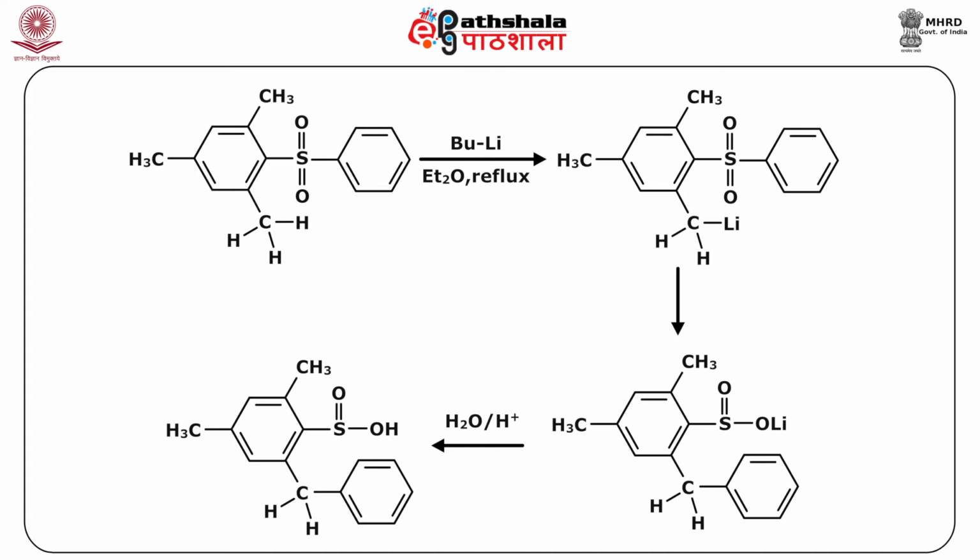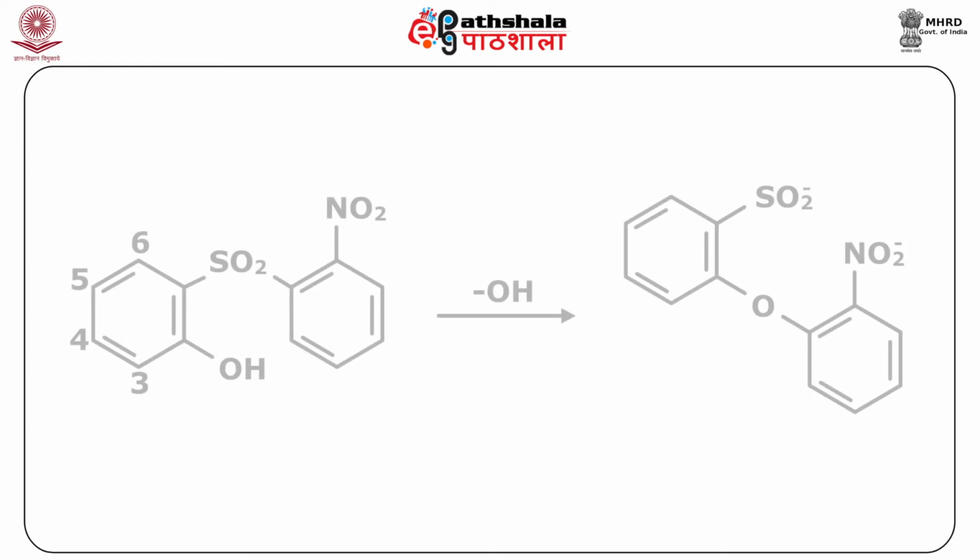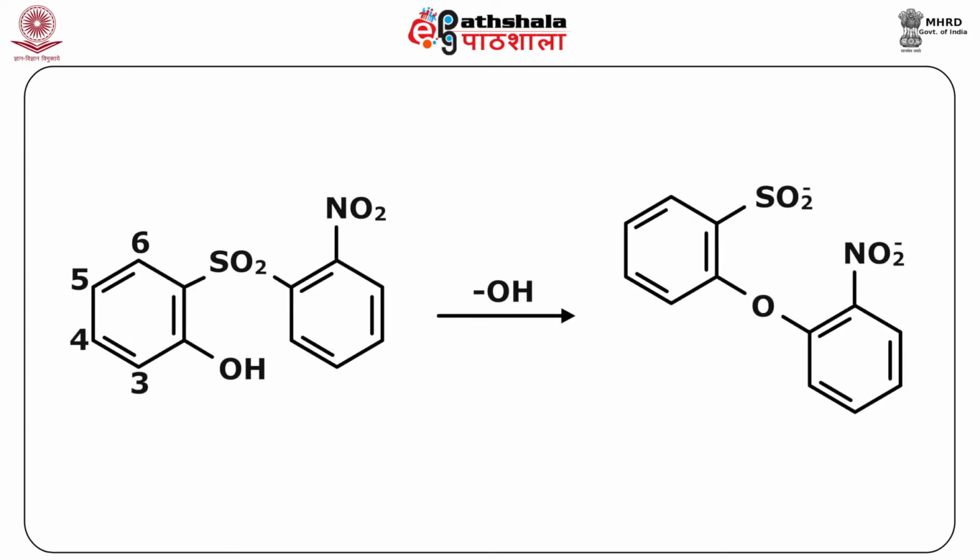Now you can see here how exactly, when the sulfone is treated with butyl lithium, deprotonation takes place and the benzylic lithium compound forms, finally leading to the product formation. One example of true Smiles rearrangement is shown. Here you can see the rearranged product, formed with a strong base, the hydroxide ion in this case.